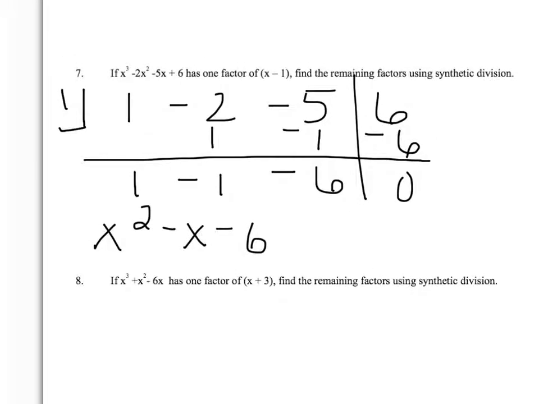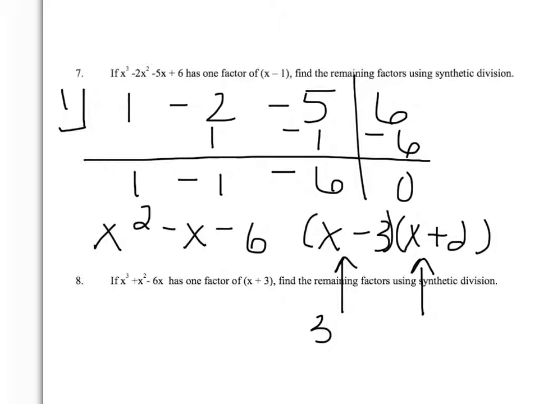I can factor that, being x minus 3 times x plus 2. And remember that that means I have roots of 1, positive 3, and negative 2. That's everywhere this graph crosses the x-axis at 1, 3, and negative 2. If I were to write all of the factors next to each other, it's x minus 1 times x minus 3 times x plus 2.